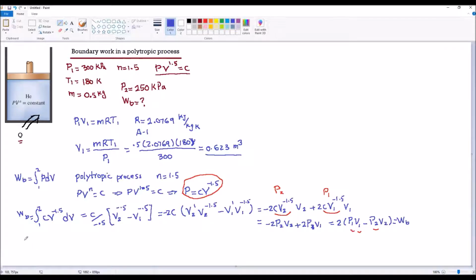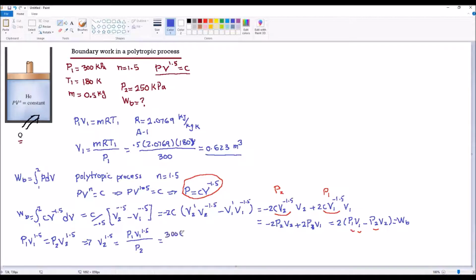What we should do is use the polytropic process equation to find the unknown V2. I'm going to write it for both states 1 and 2. Because it's constant, P1 V1 to the 1.5 is constant, it doesn't matter what state I write it for. So the left-hand side and right-hand side are equal. It means I can calculate V2 to the 1.5 as P1 V1 to the 1.5 divided by P2.